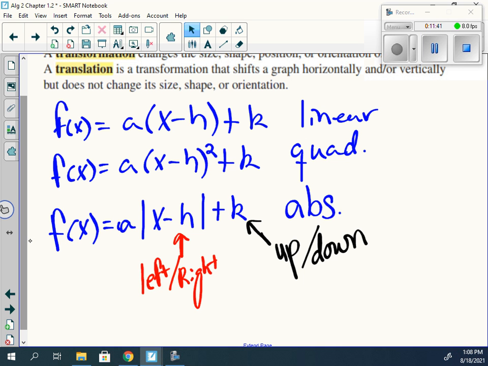We'll be coming back to this in a little bit when we talk about the next types of translations, because we'll add stuff to it. But H is always with X, K is always with Y. H is going to be left and right, K is going to be up or down for these here.